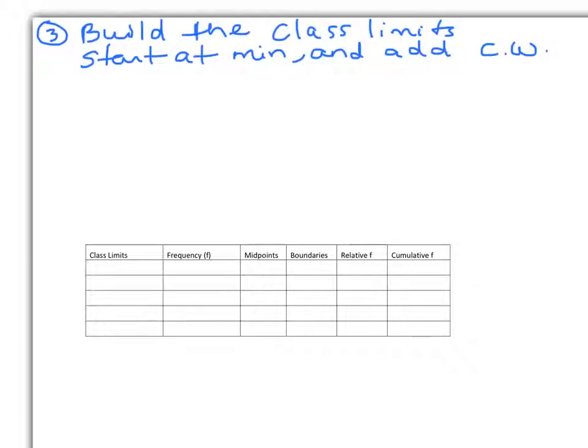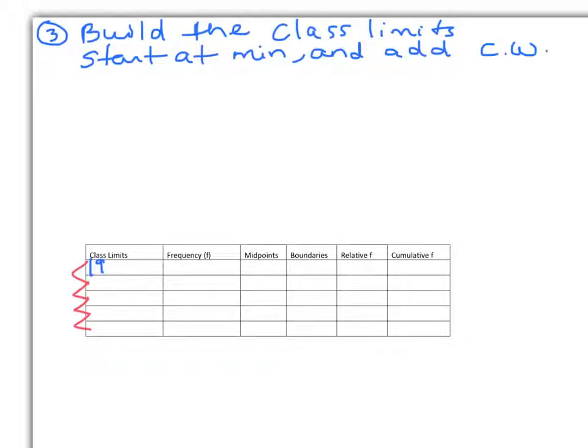My lowest class limit is 19, because that's my lowest value in that data set. Here's the thing you want to be careful of. My class width is from here to here, and here to here, and here to here.